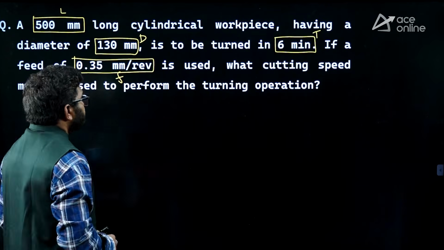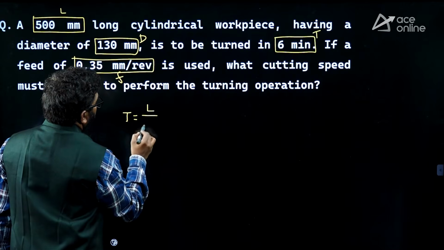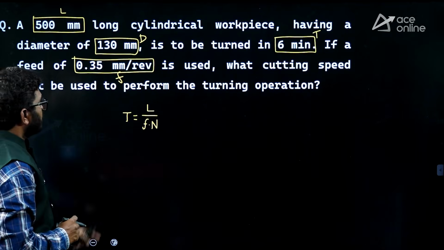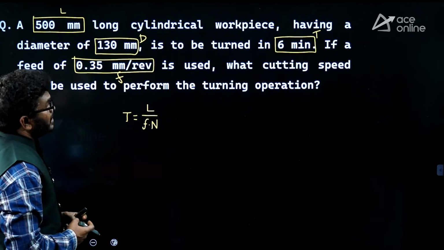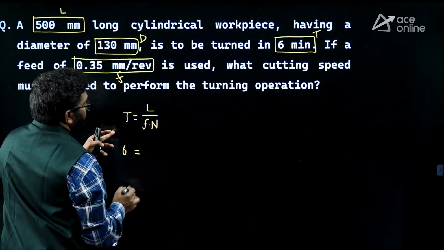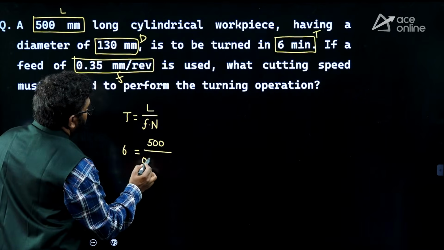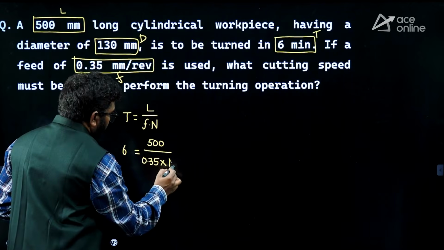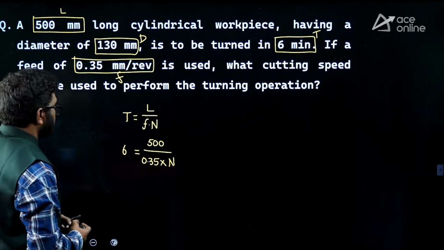First of all, the time equation: T is equal to L by F into N. For the turning operation, time T is length of the cylindrical workpiece by feed into revolutions per minute. T is given as 6 minutes, L is given as 500, feed is given as 0.35, into N. We do not know the N value, we should calculate it, and from that we will calculate the cutting speed.